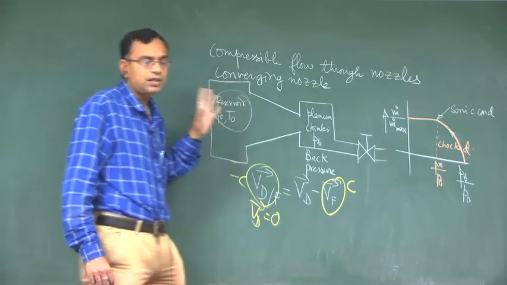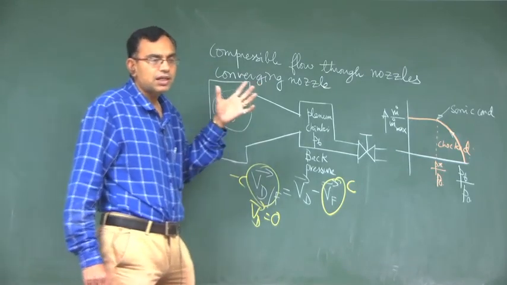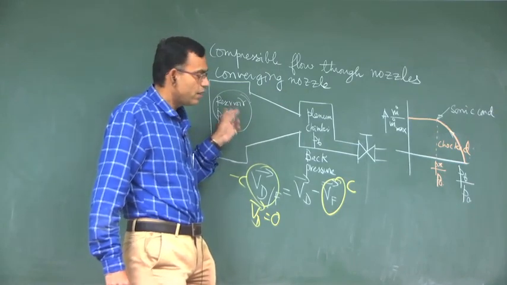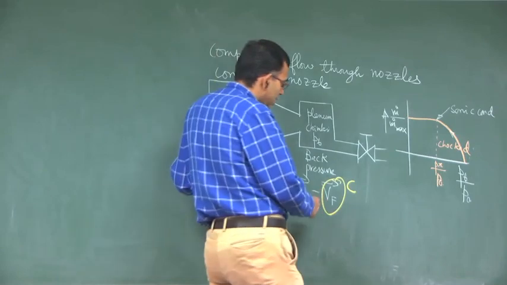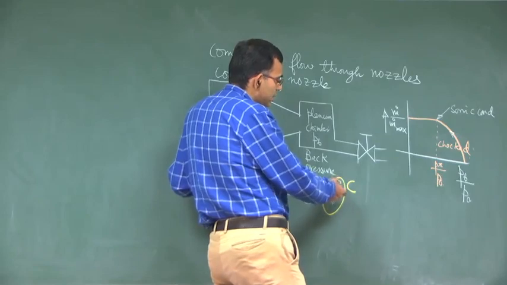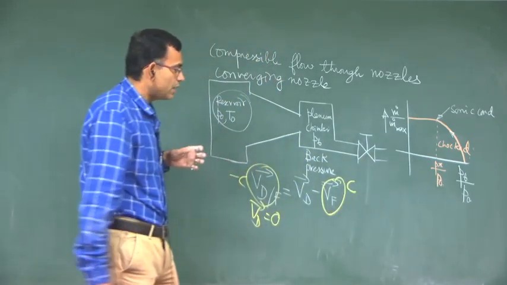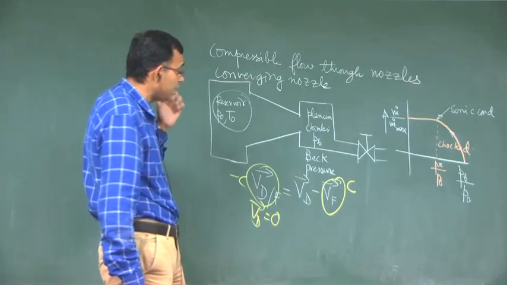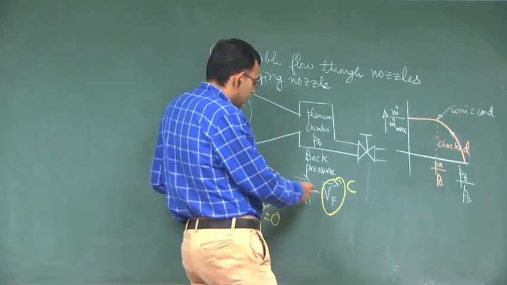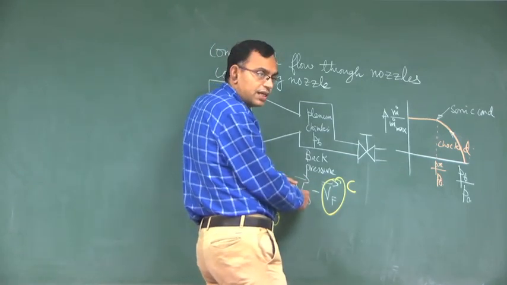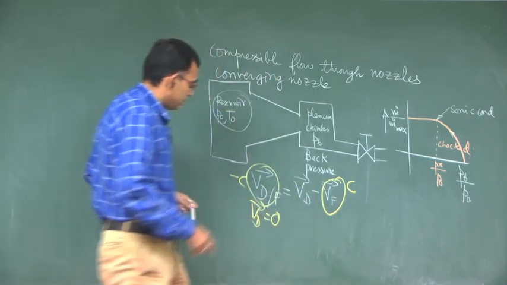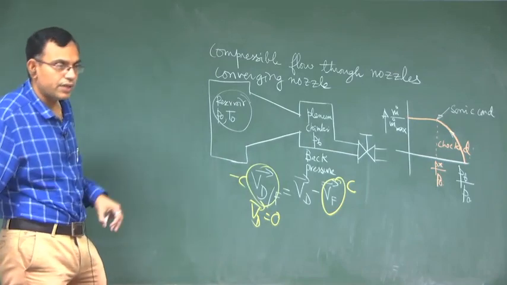This is a critical condition. Beyond this critical condition, the disturbance will not be able to reach this reservoir. Okay. So, if the velocity of the fluid is greater than c, then if you have a positive number plus c, so okay, let us look into it in a different way.